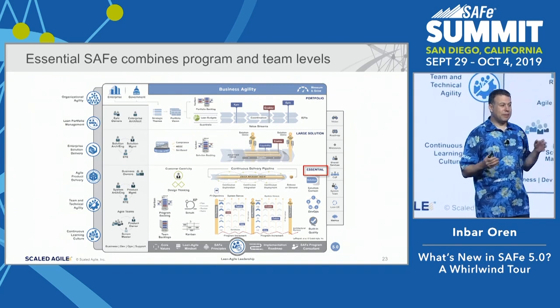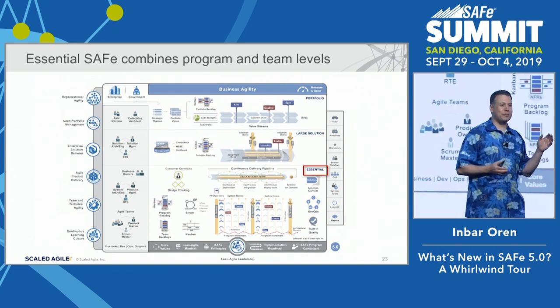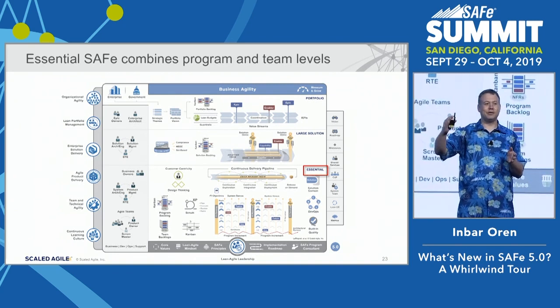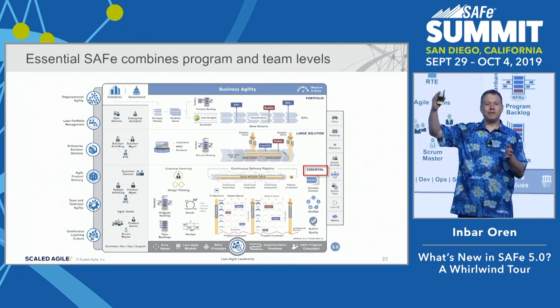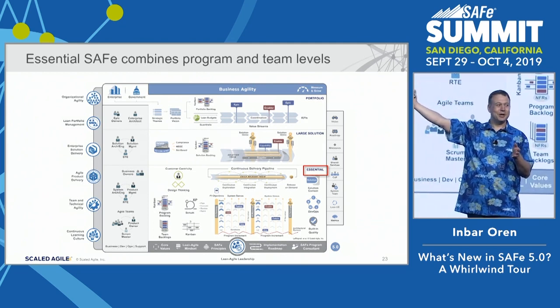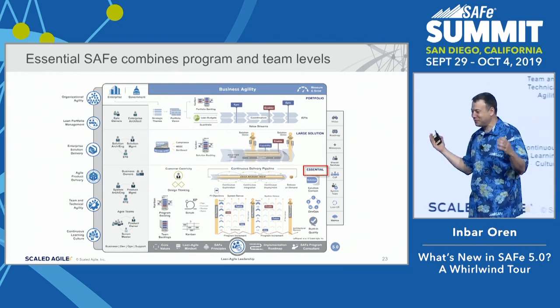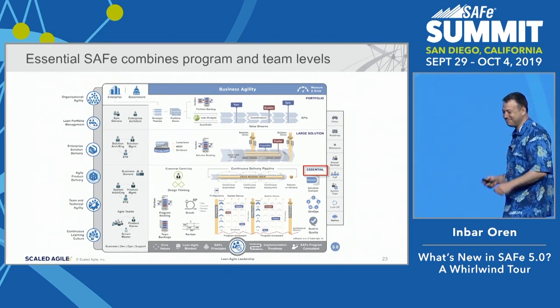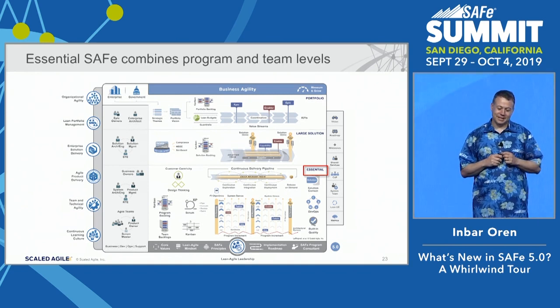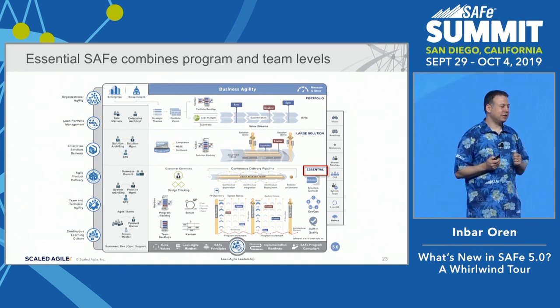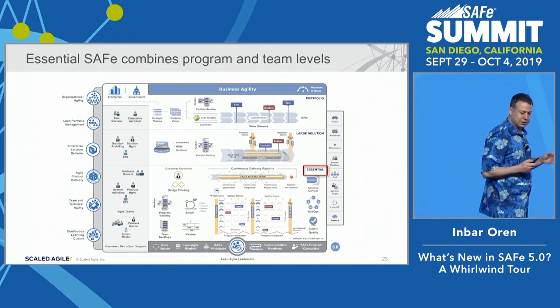If you remember some of the jokes we've had when we went from 3.0 to 4.0 and we had added a level, and people said, are you going to add a level at every version? Well, actually, we're taking one back. Who knows what's going to happen in the next one? So that's going to be a really important change, really focusing back on the essentials.